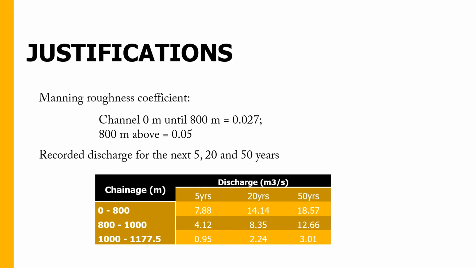The unsteady flow analysis cannot be used as there is no inflow hydrograph data routed by the model. It is a time component, therefore it is not significant in flood analysis. The recorded discharge for the next 5, 20, and 50 years were as shown in the table.